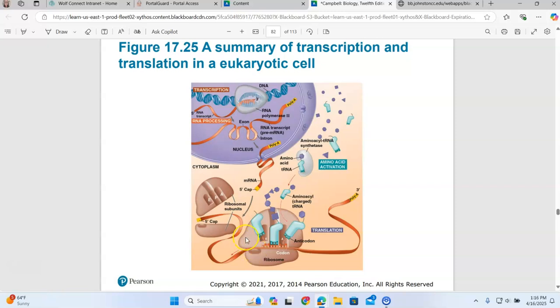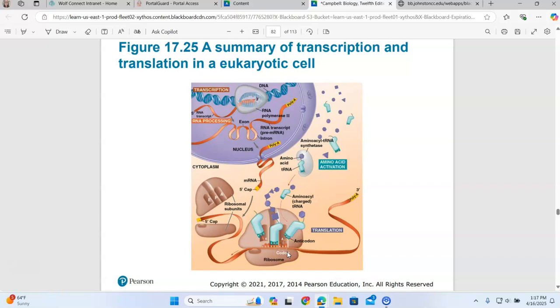That messenger RNA molecule will find a ribosome and attach to the ribosome, and then the process of translation will occur. Translation uses the transfer RNA, which has an amino acid on one end and an anticodon for the complementary messenger RNA codon on the other end.